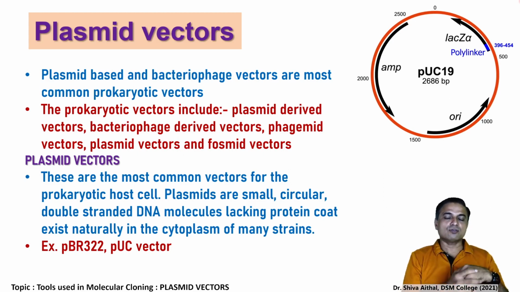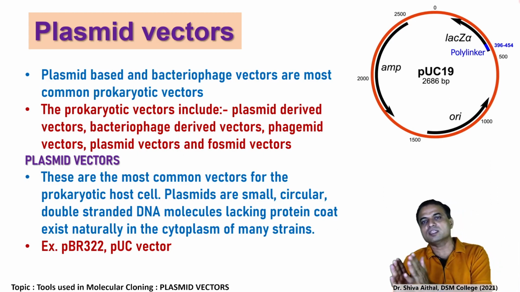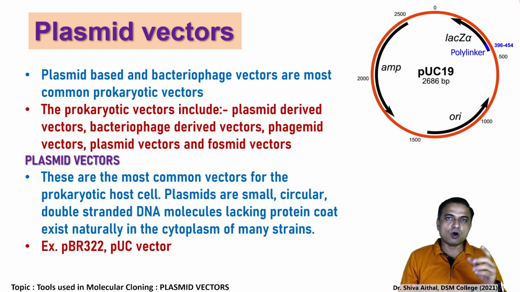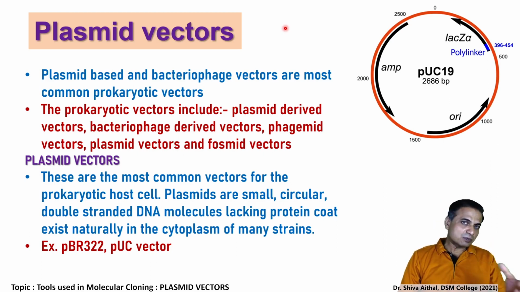Bacteriophage DNA is also a very suitable vector, which we will see in our next lecture. So plasmid based vectors and bacteriophage based vectors are the most common prokaryotic vectors. The prokaryotic vectors include plasmid derived vectors and bacteriophage derived vectors, plus phagemid vectors, cosmid vectors, plain plasmid vectors and phosmid vectors.